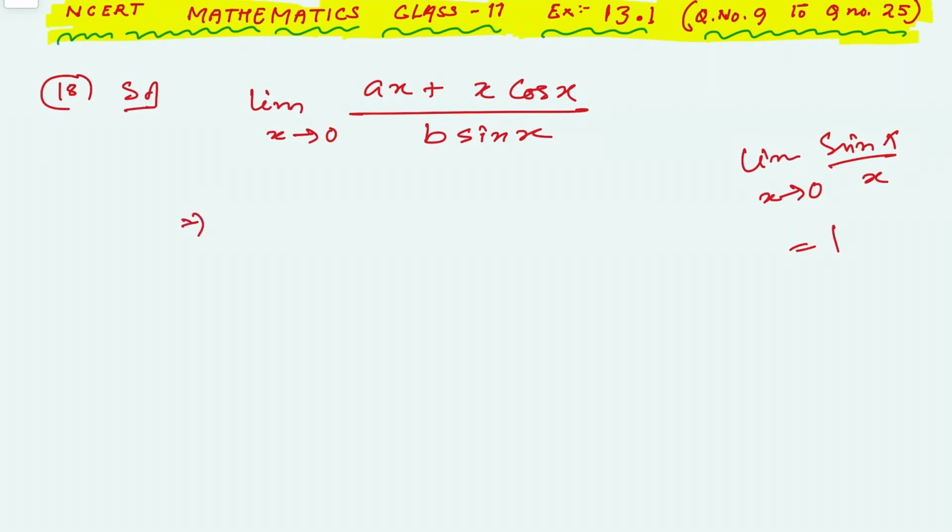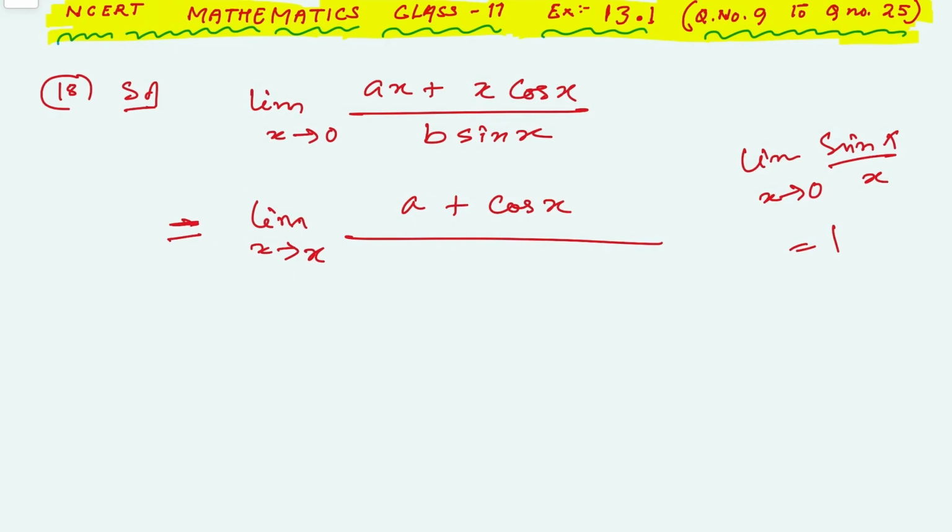Then limit x tends to 0, only equal sign should be written here. If you divide both the numerator and denominator, you will get ax plus cos x by b sin x by x.